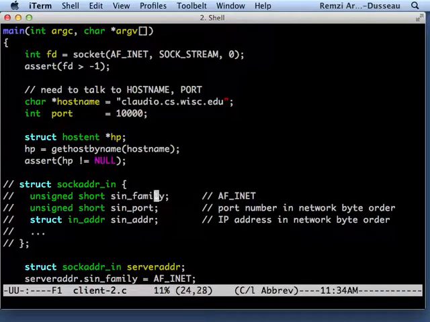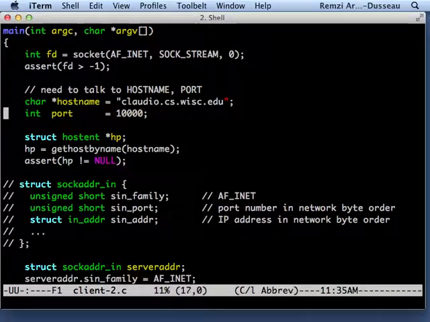It has a bunch of different pieces. It has the family, which is always going to be AF_INET for the internet family of protocols. It has a port number, which is an unsigned short, and then it has the internet address, which is a struct, but it's really just the 32-bit internet address as we understand it.